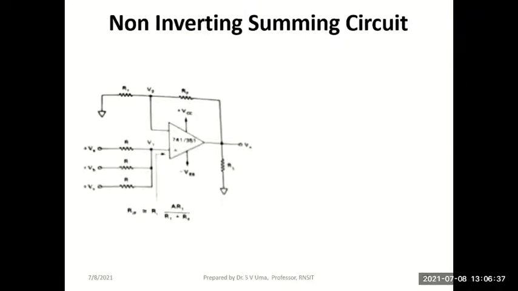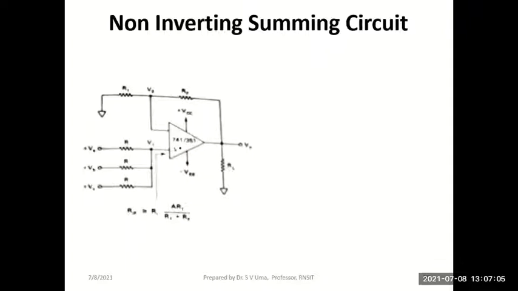So let's see what happens. None of you gave me the solution when I asked, I want a positive output. I think all of you have already studied in basic electronics. So you know that to get the same value of positive output, it would be difficult if I simply shift all the input voltages to the non-inverting terminal.